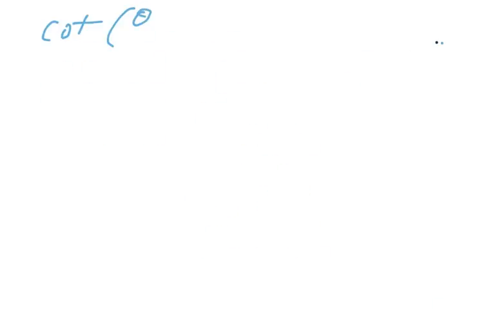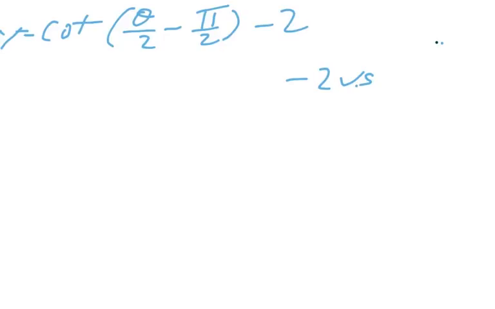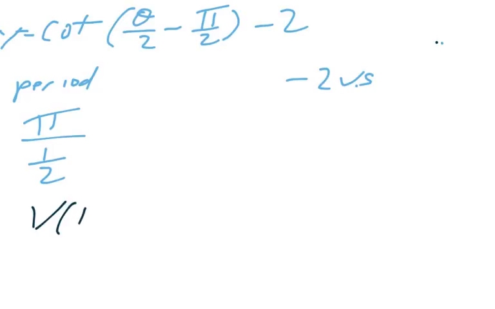Cotangent, theta over 2 minus pi over 2 minus 2. So, minus 2 is the vertical shift. The period is pi divided by k. In this case, it's pi divided by 1/2. So in my calculator, I'm doing 1 divided by 1/2.